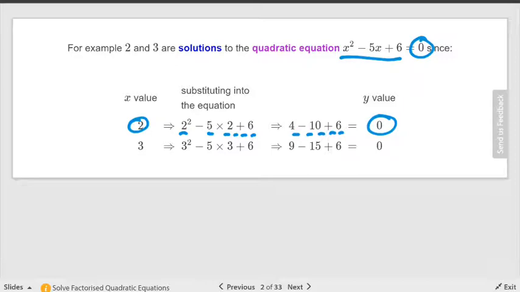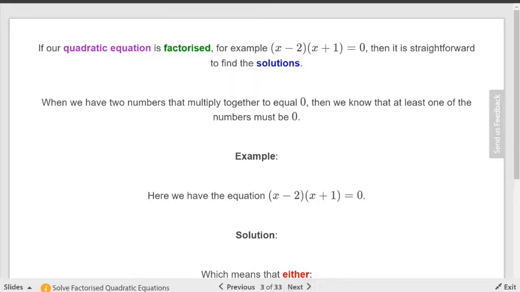You just need to do the work properly. 3, if you plug in 3 everywhere there's an x, you're going to get what? 0. So if you want to check them, you can plug in the answer you get in place of the x, work it out, and you should get a 0. See, all they did was everywhere there was an x, they put a 2, and then did the math. And you should get a 0. Okay? Don't worry about it. I'm not going to be expecting you to check these. That's just something that they're doing to say, okay?